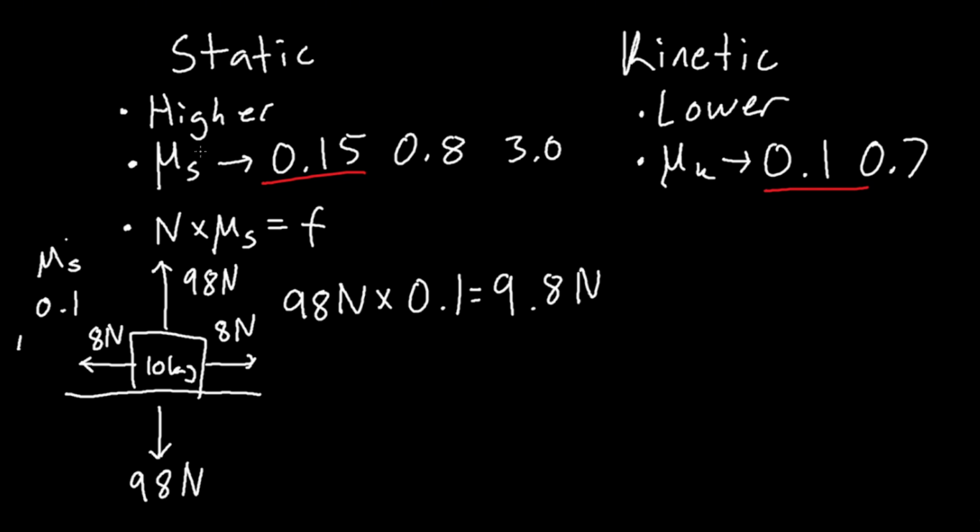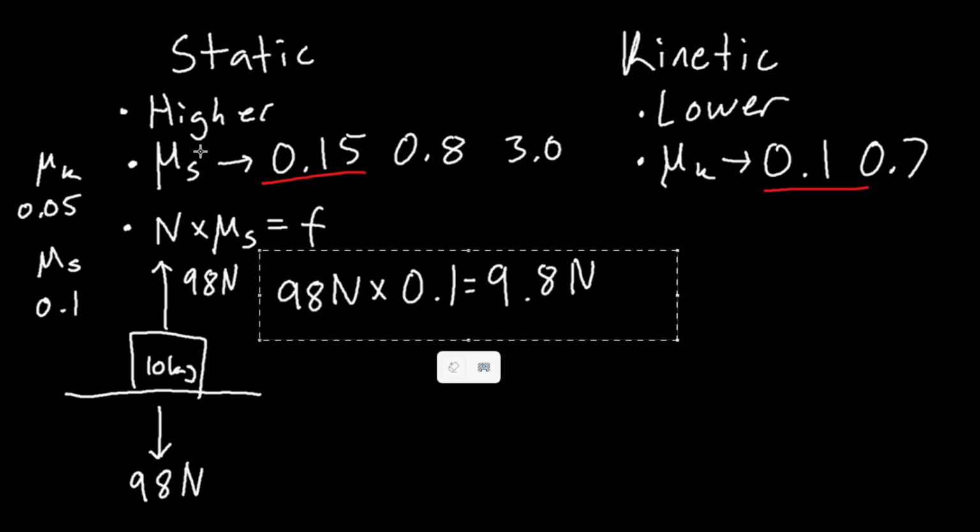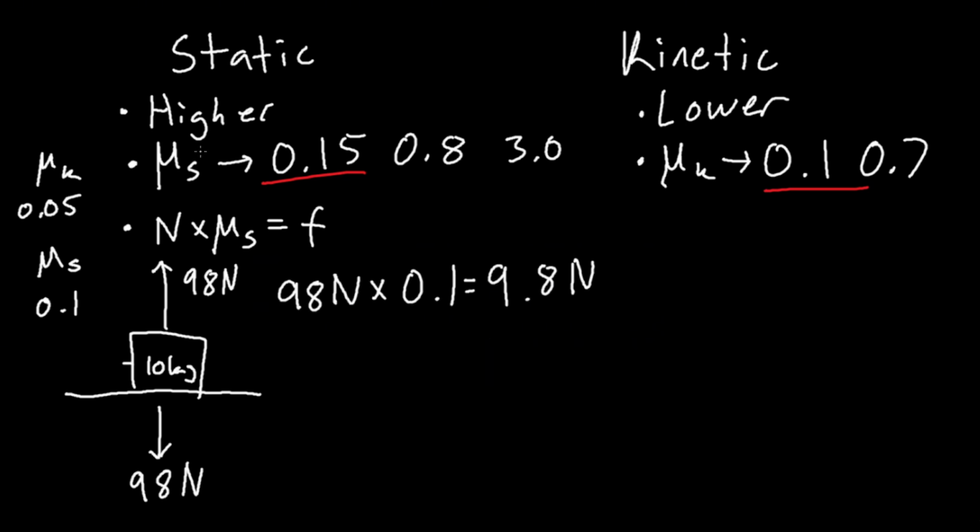Now, what happens if we go past this 9.8? Let's say the kinetic friction in this case is 0.05, because the kinetic friction has a lower coefficient than the static friction usually. Oh, I need to remove the 8 newtons here first. So mu of K is equal to 0.05. The moment your push force goes past the static friction, so if static friction is trying to resist with 9.8 newtons, what if you push with 10 newtons?